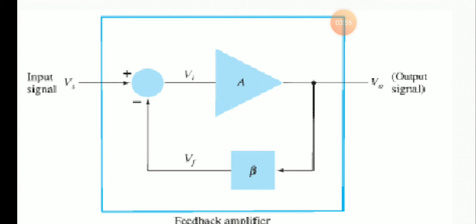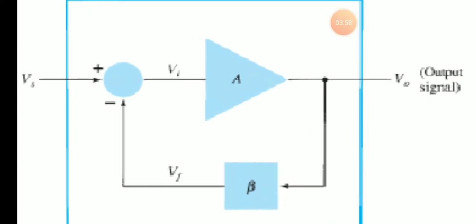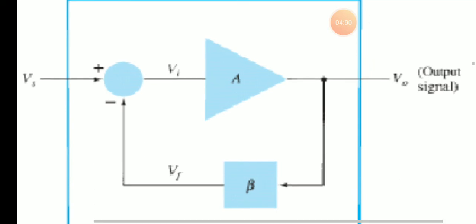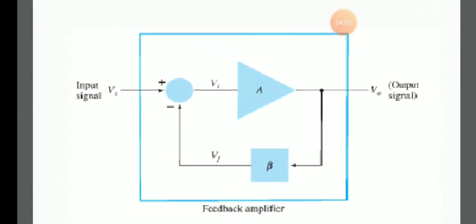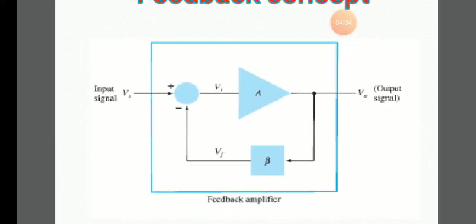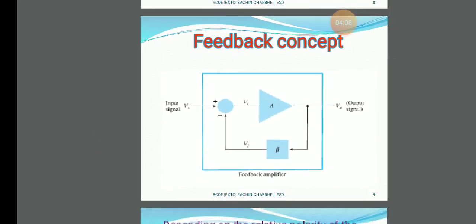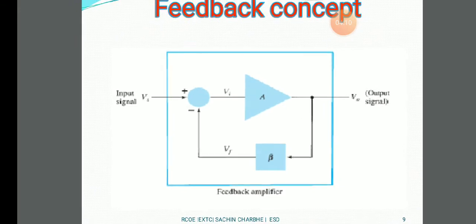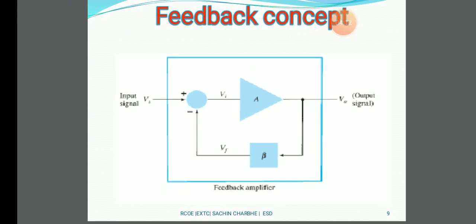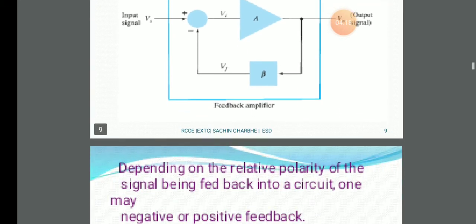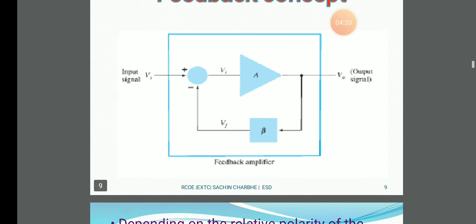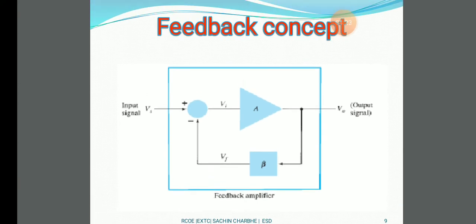This is negative feedback. If the plus sign is there, then it may be positive feedback. That depends on the feedback element beta. It also works on the Barkhausen criteria: beta less than 1, greater than 1, or equal to 1. That will be discussed in the next PPTs.